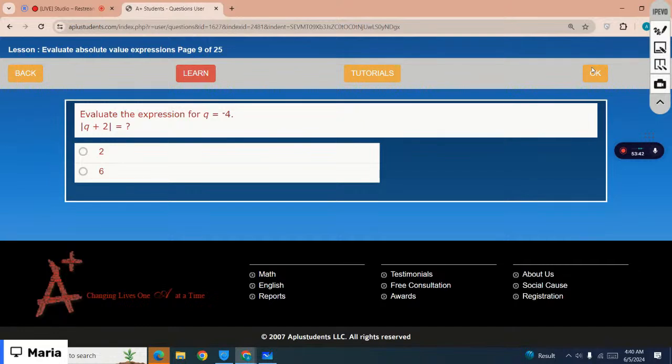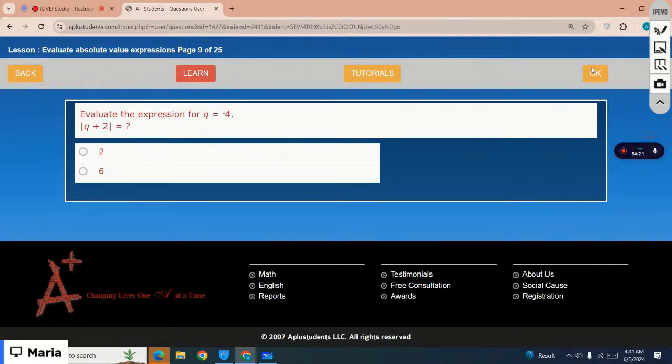Evaluate the expression for q equals -4. So which is the correct option? Yes, that is 2. Option number 1 is the correct option, right?